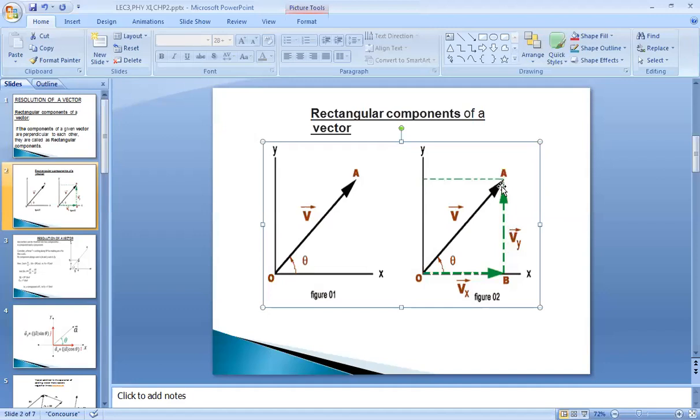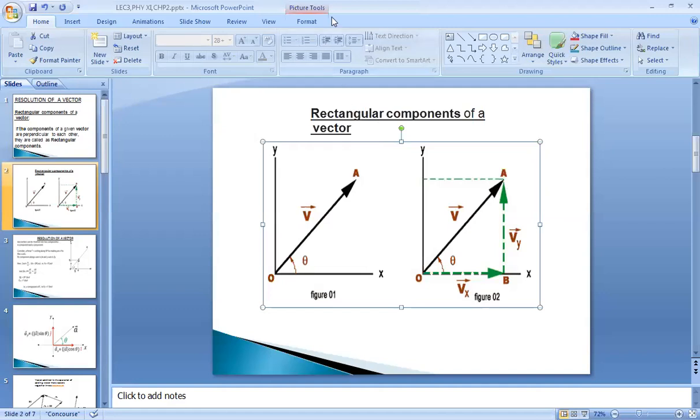This line is parallel to Vx, and this line, where you can see my cursor, is parallel to Vy, and it's nothing but a rectangle. That's why these components are called rectangular components.